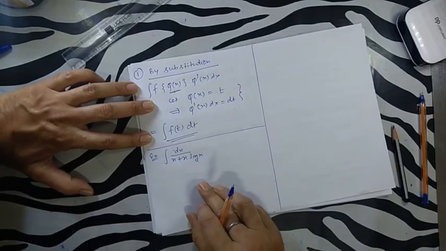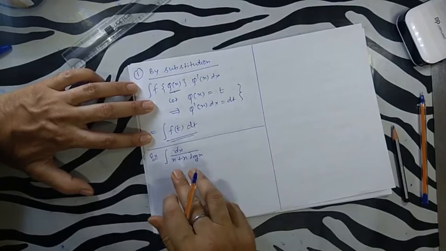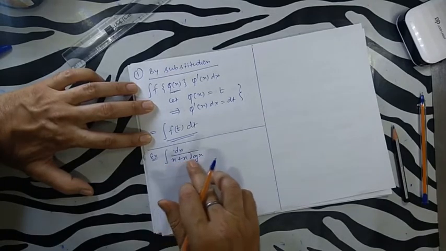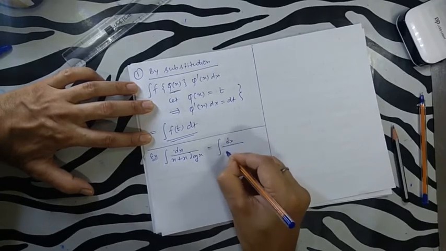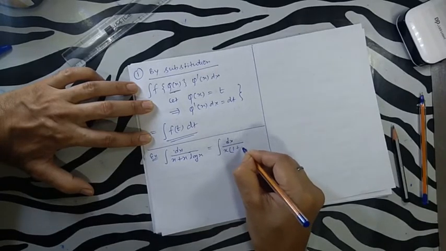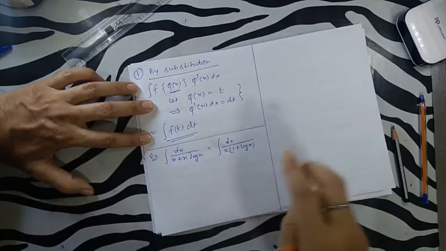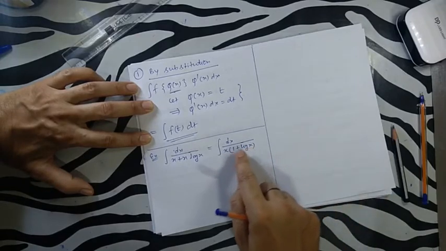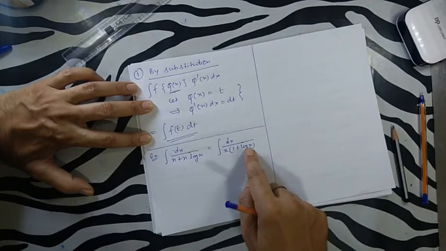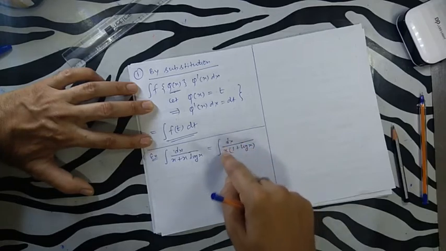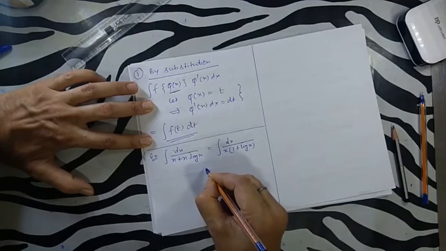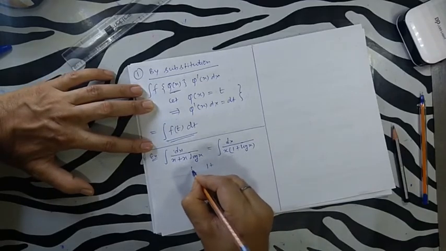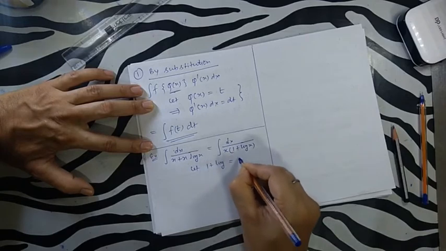If we take x common in the denominator, it becomes dx upon x times 1 plus log x. Let 1 plus log x is equal to t.